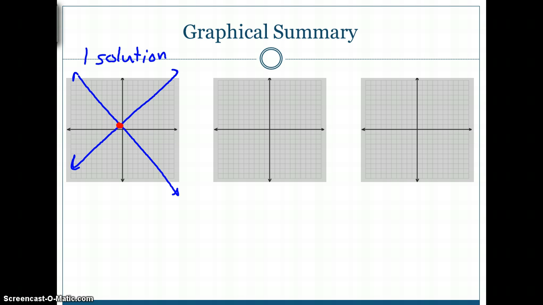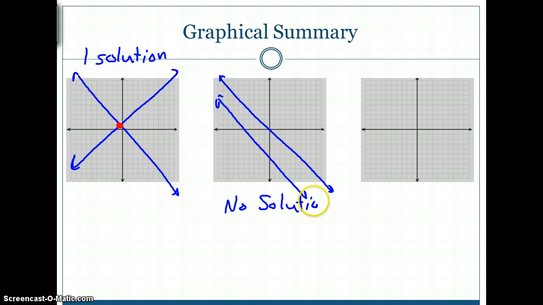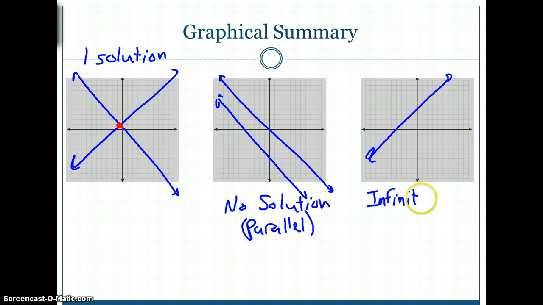There'd be no solution if they are parallel. And if there was just one line, that means they're the same, there would be infinitely many solutions. So those are the graphical summary.